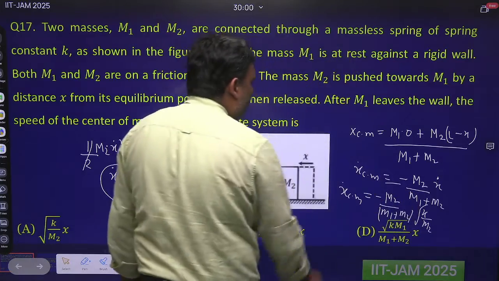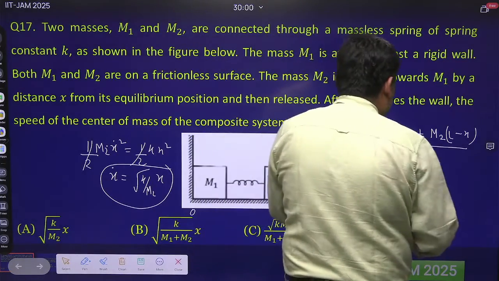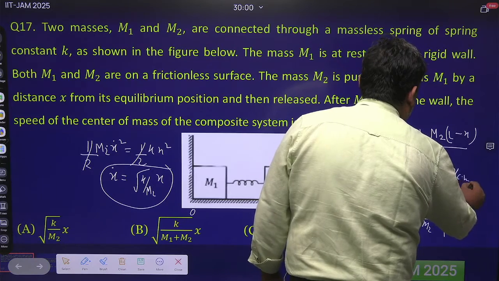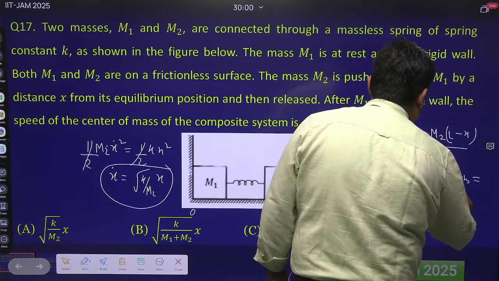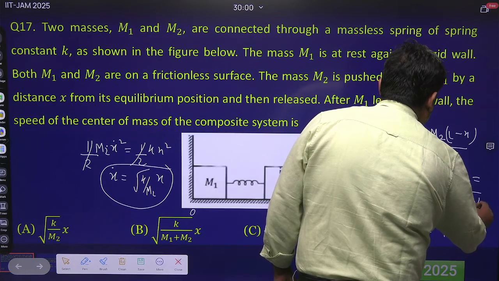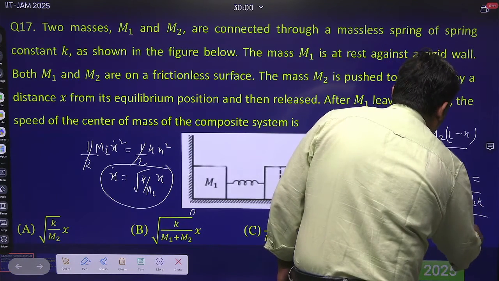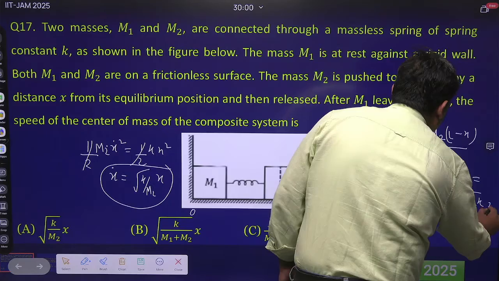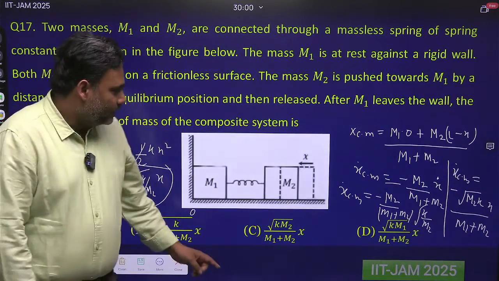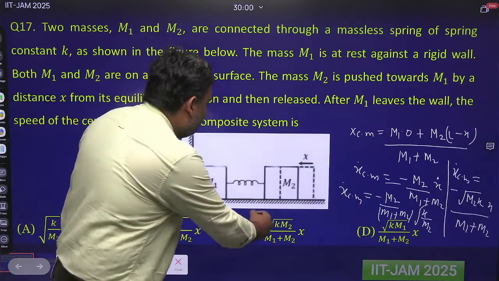When you calculate this, you can see xcm dot is equal to minus root under m2 k by m1 plus m2 into x. Since we are talking about speed, we take the magnitude, and this is option number C, the correct option.